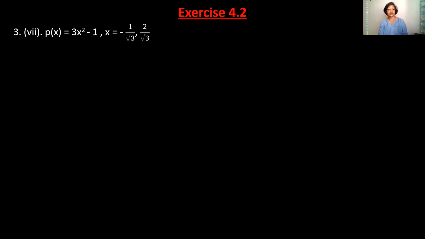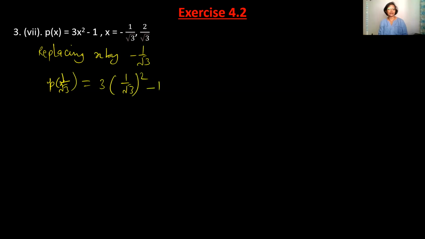So here replacing x by minus 1 upon root 3, P(minus 1 upon root 3) equals 3 into 1 upon root 3 square minus 1. So 3 into 1 upon 3, because root 3 into root 3 will become 3. So this will be cancelled. So now 1 minus 1 equals 0. So this is 0.